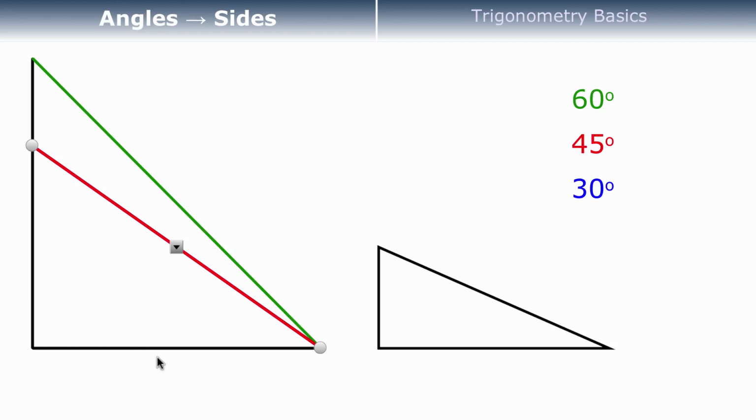It makes those two sides the same. So when we're looking at any trig ratio, like sine, cos, or tan, what they're looking at is the ratio between two different sides in this triangle. And as I change an angle, that ratio changes.